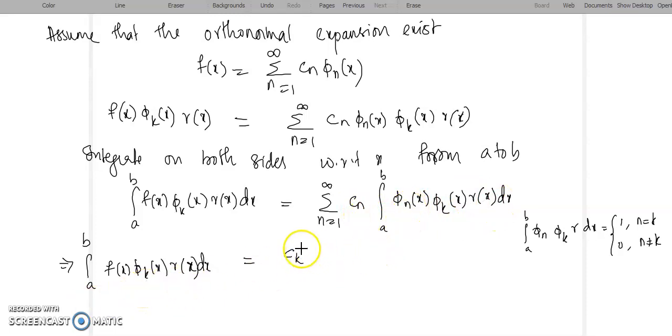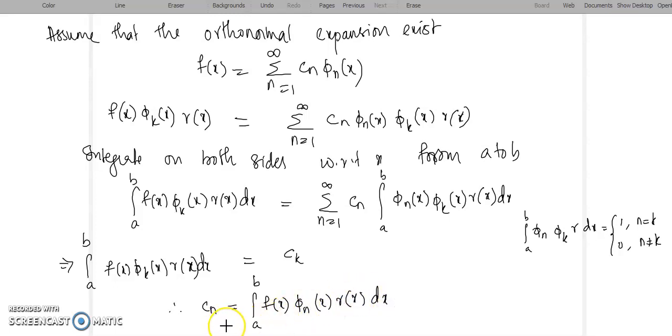So therefore ck is given by integral a to b f of x phi k of x r of x dx. So therefore cn is obtained as integral a to b f of x phi n of x r of x dx.